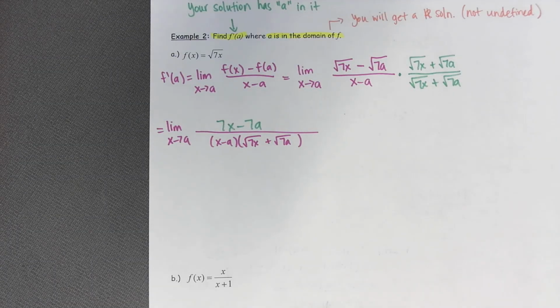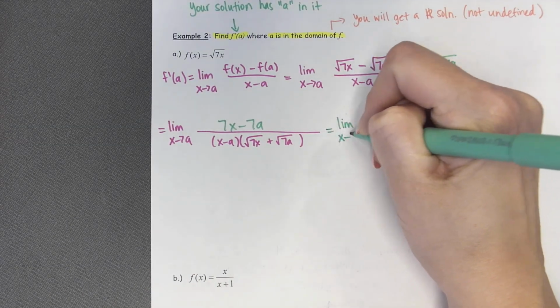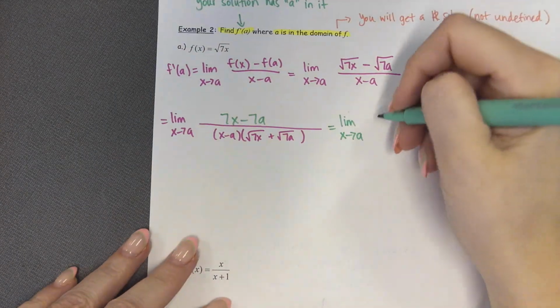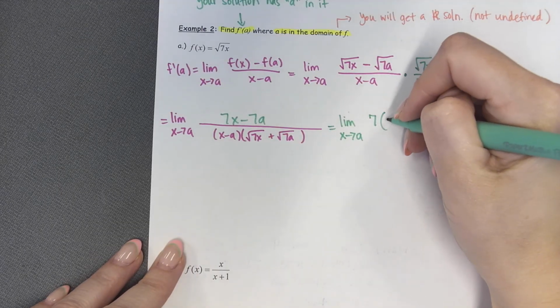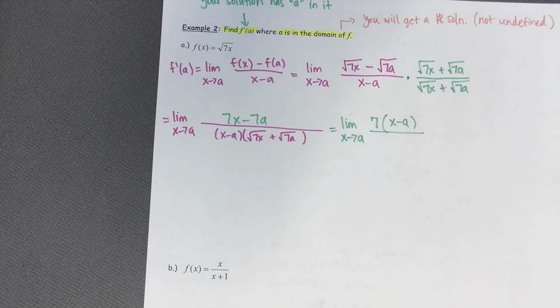So what should I do now? Yeah, great. Factor out that GCF. So we're going to factor out the 7. So if we factor out the 7, we get x minus a times 7 in the numerator.